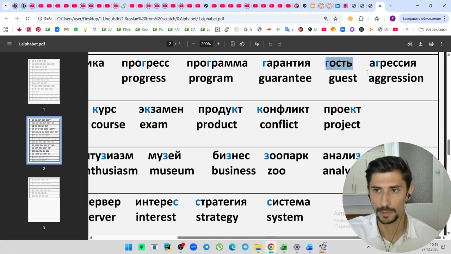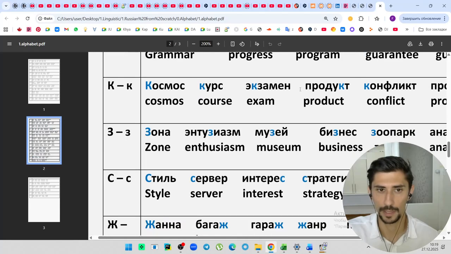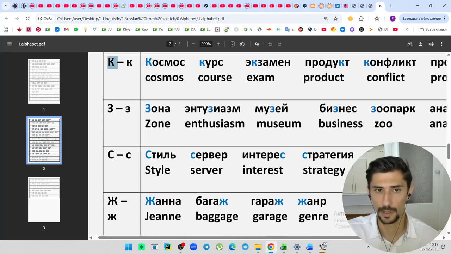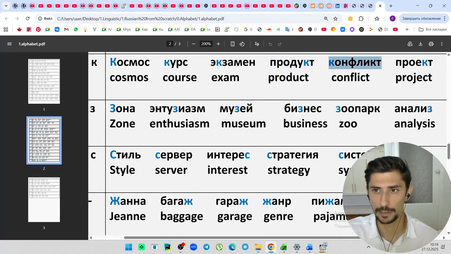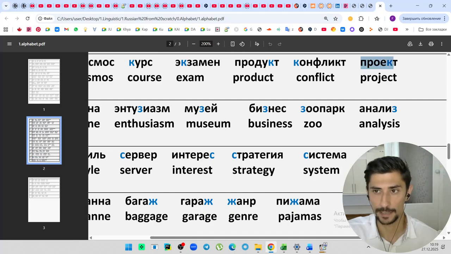Гость. Агрессия. Okay. Next letter is K. Космос. Курс. Экзамен. Продукт. Конфликт. Проект. In this word we pronounce it like ye. Проект.